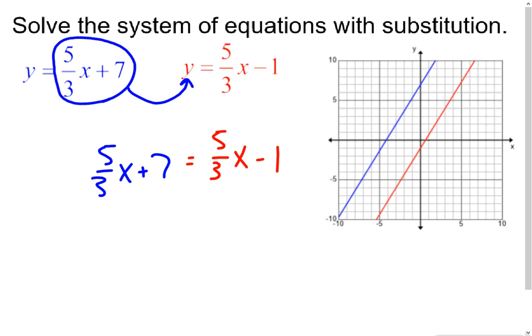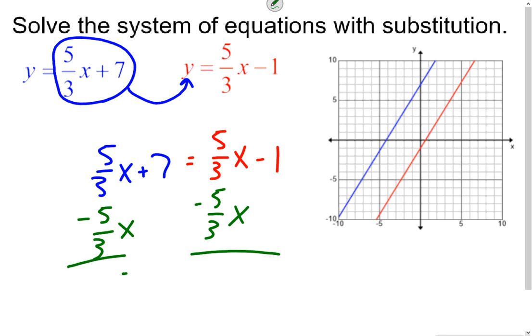I want to get all my x's to one side, so I'm going to subtract the 5/3 x here, and now I notice that the left side of my equation says 7, and the right side of my equation says -1. Again, my x's all went away, but this time I have a number in 7, equal to a different number in -1.